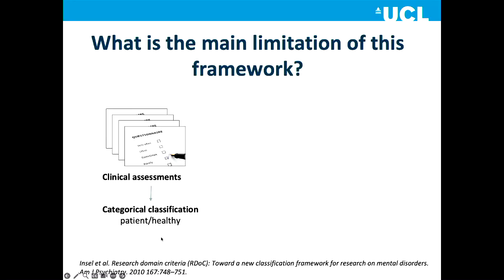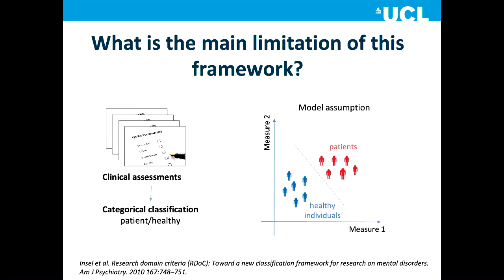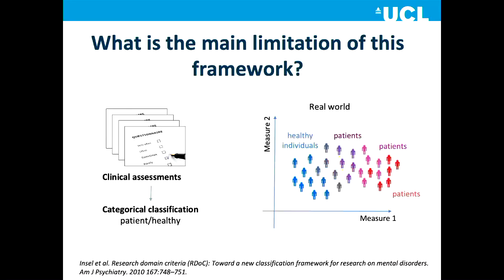So when we use categorical psychiatry to train machine learning models, this is our assumption: that the patient population and the healthy subjects come from two different distributions that are homogeneous and can be well separated. But the real world is much more complex than that. There's a lot of heterogeneity in the patient group and likely in the healthy control sample as well.